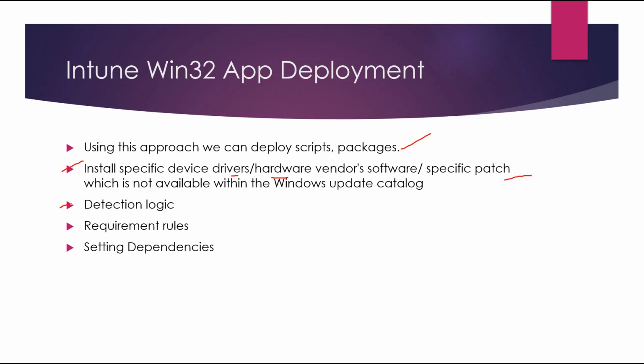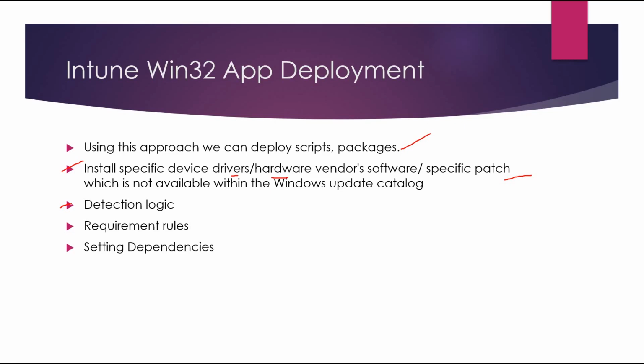But long story short, if we are deploying a Win32 application, we can use something called a detection logic. What it does is, we set a detection, and only if that detection is not met, meaning Chrome is not detected, Chrome gets downloaded and installed in the device.